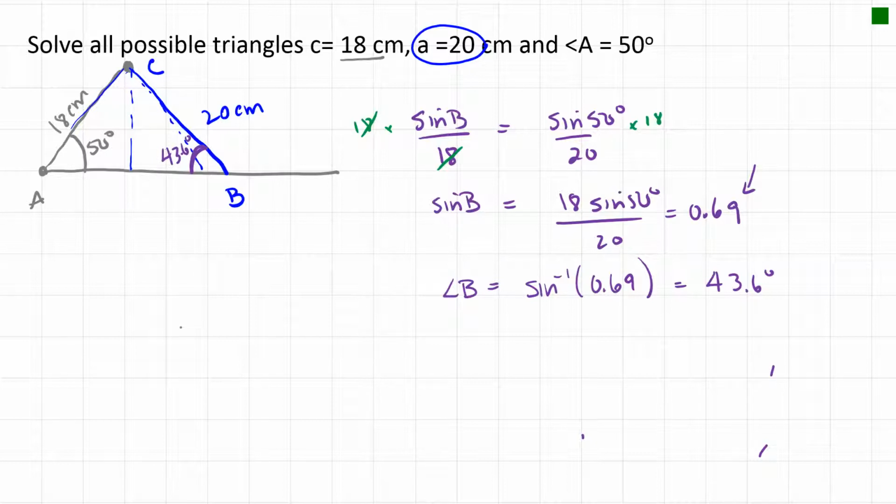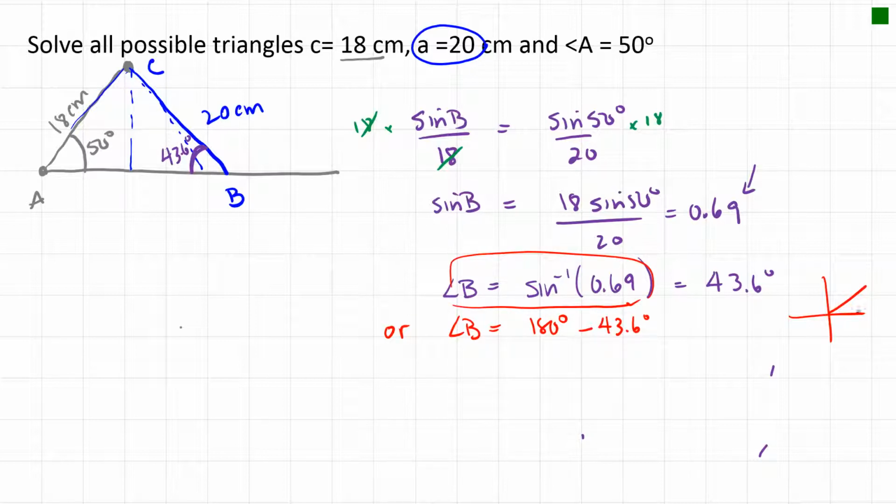Could I use the ambiguous case to find my second angle? So could there be an or: angle B is 180 degrees minus 43.6 degrees. That's taking into account that when we solve a trig function like this, there's two possibilities, one in the first quadrant and one in the second.